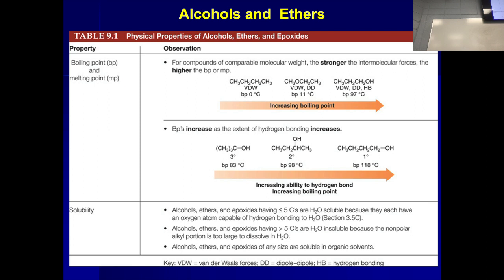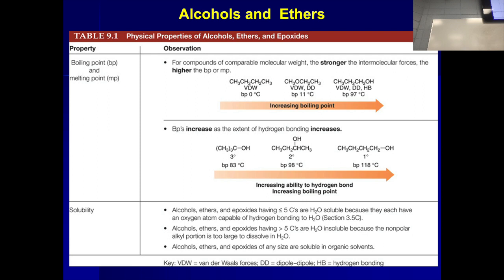Now we have a molecule that can hydrogen bond, right? Can form hydrogen bonds with itself or with water. Notice what happens to the boiling point. So what does that tell us? It tells us that hydrogen bonds are relatively strong. So the ability to form hydrogen bonds means something, right?